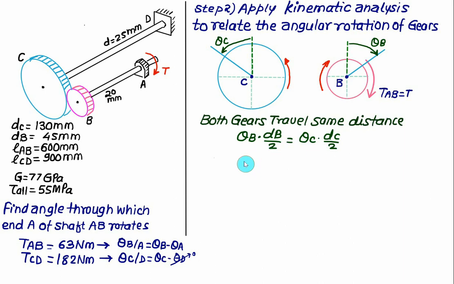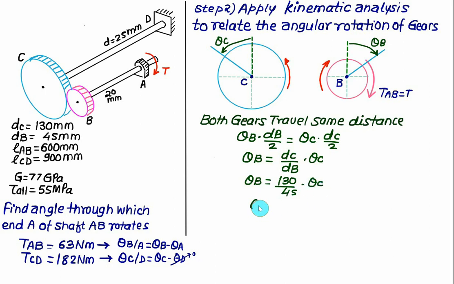So we get theta B equal to dC divided by dB multiplied by theta C. The diameter of gear C is 130 and of B is 45, so we have 130 divided by 45 multiplied by theta C.